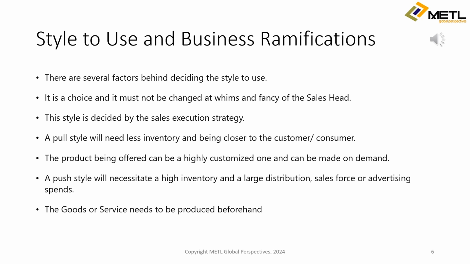The product being offered can be highly customized and can even be made on demand. A push style will necessitate high inventory, a large distribution sales force, or advertising spends. The goods and services need to be produced beforehand and kept ready.